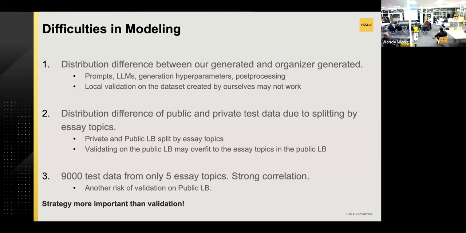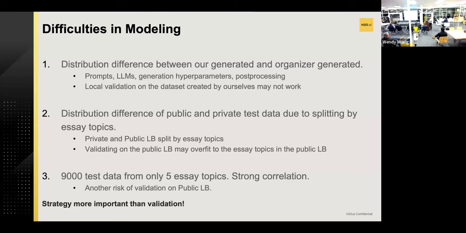And the third issue is similar. There are 9,000 test data, which is not that small, but they are generated from the 5 essay topics, so there's strong correlation between data.